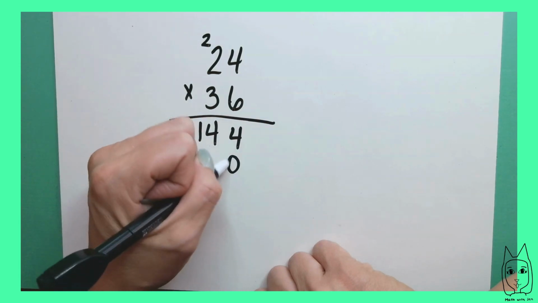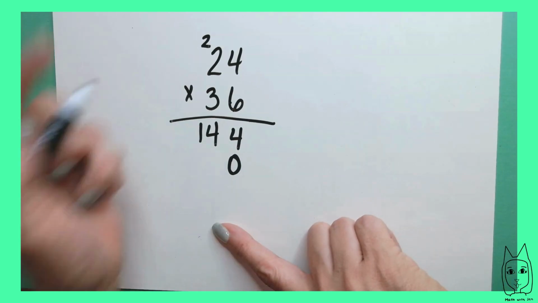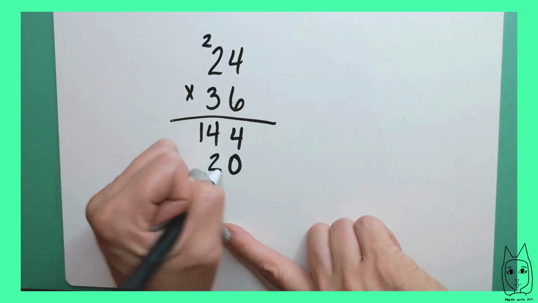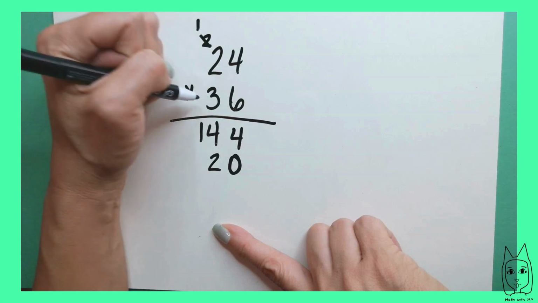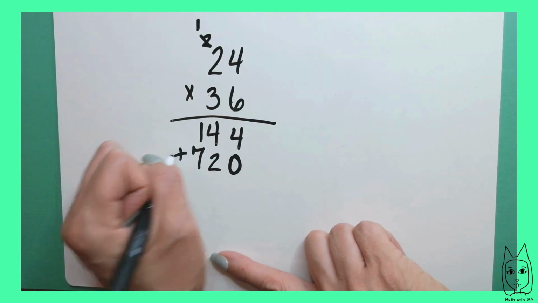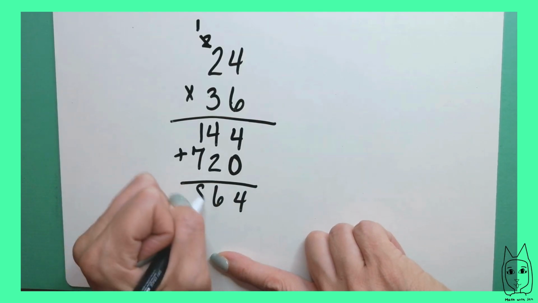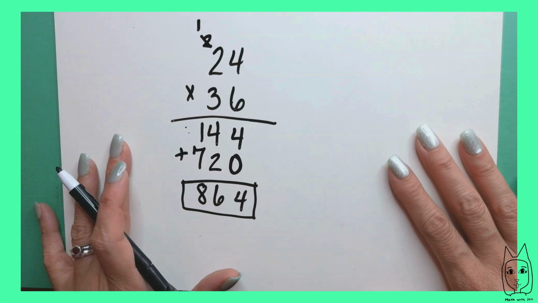So we need to put a 0 because there's not going to be any ones, since that 3 is worth 30 already. 3 times 4 is 12. I'm going to mark that out, carry the 1. 3 times 2 is 6, plus the 1 is 7. Add those together, keeping our place values aligned. 4 different ways, 4 different methods. You decide which one you like the best.